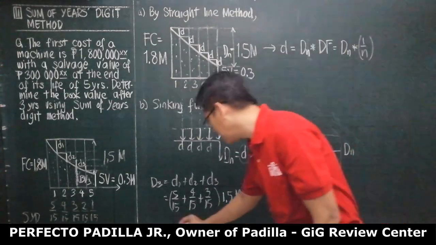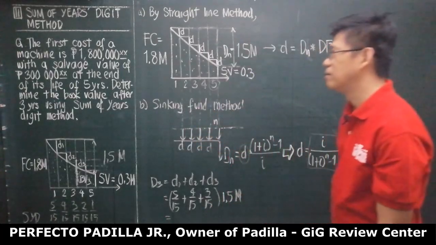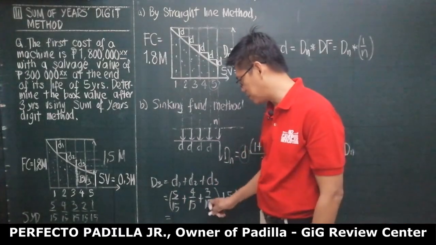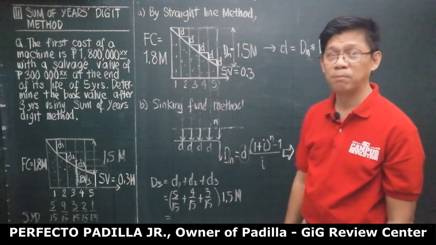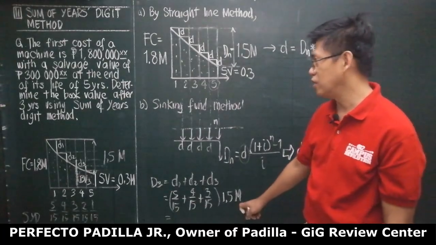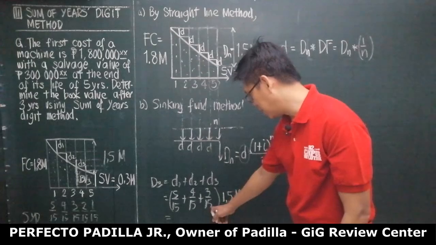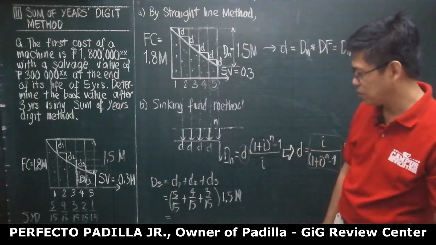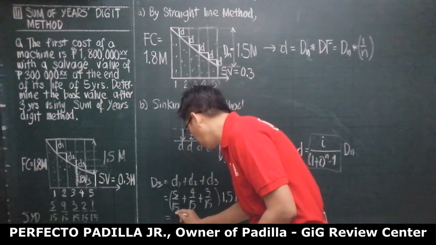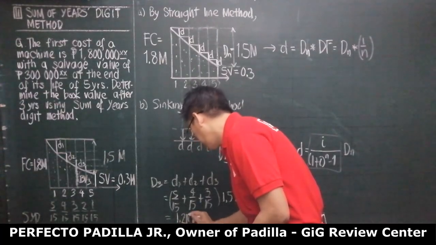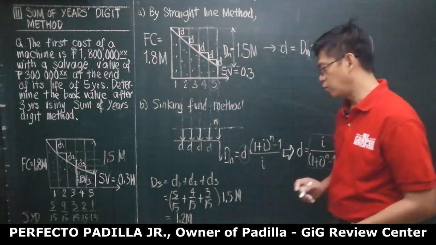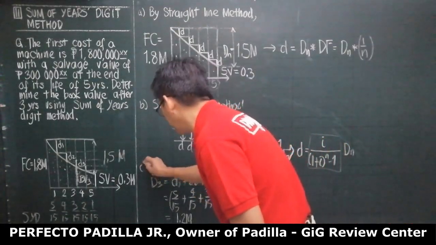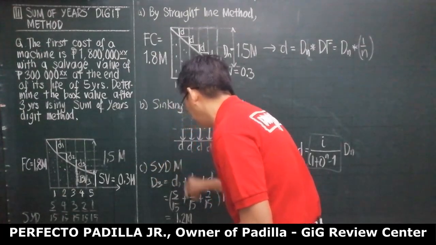What you will be getting here is going to be what? Pag sinolve mo to, you'll get 5 plus 4 plus 3. This is going to be 12. No? Tama? So this is going to be 12 over 15 times 1.5. So therefore, this is going to be ilan to? So this is going to be 1.2 million.